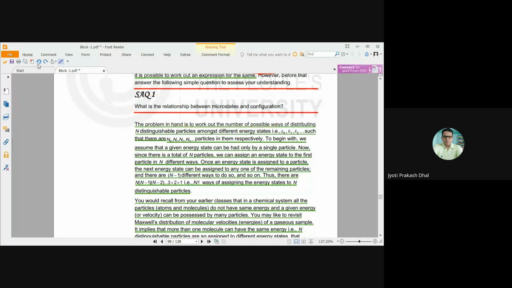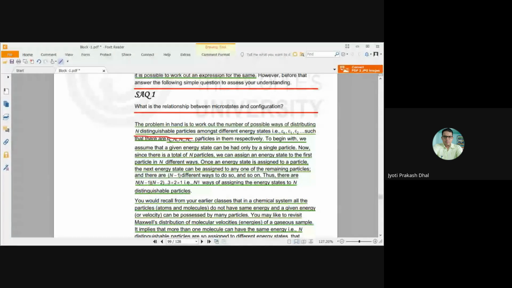Now the problem in hand is to work out the number of possible ways of distributing n distinguishable particles, not indistinguishable or identical, but different particles.